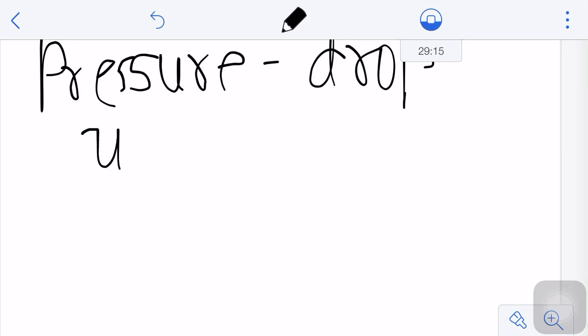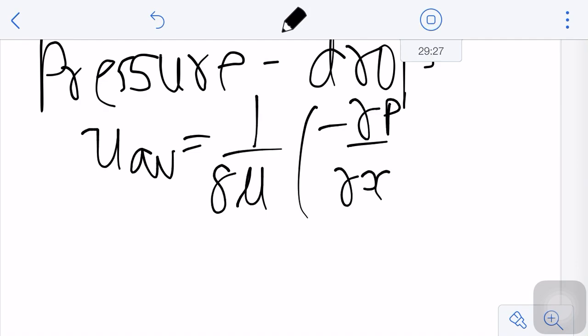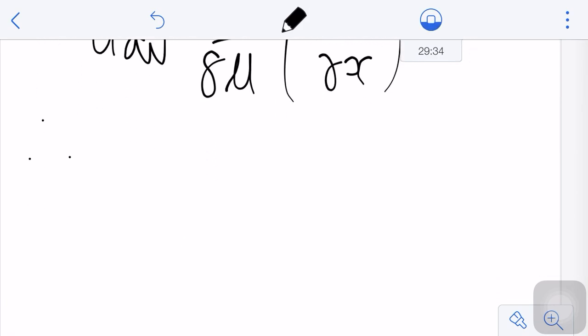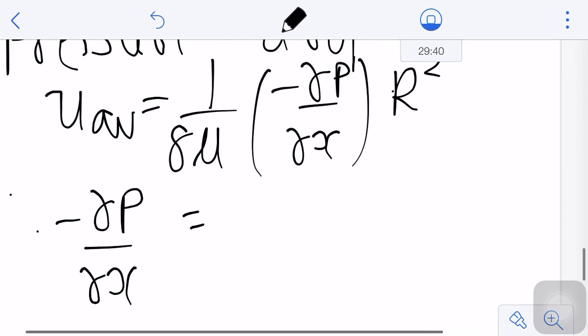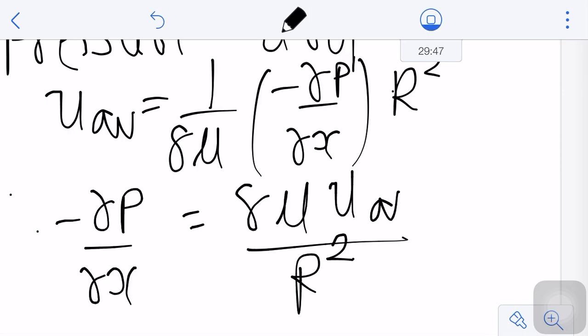U average is equal to 1 upon 8 mu into bracket minus curly p upon curly x into R square. We are interested in pressure drop now, so we can get this equation in terms of minus curly p upon curly x is equal to 8 mu u average divided by capital R square.